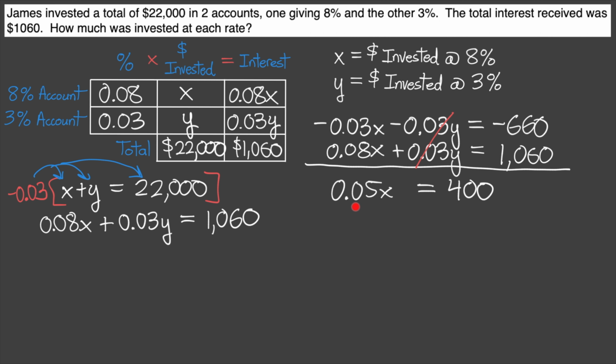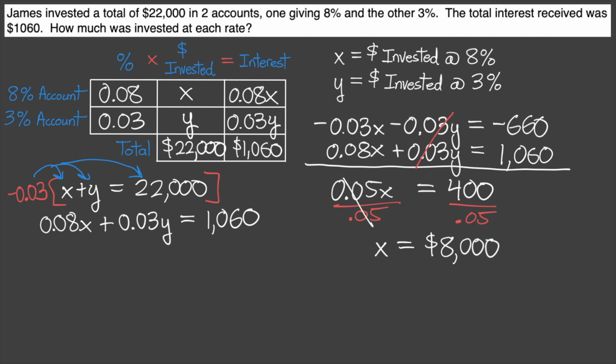All right, we're almost there. We just divide both sides by 0.05 to isolate x. And then on the left side, the 0.05s cancel out. We're left with x equals 400 divided by 0.05, which gives us $8,000.